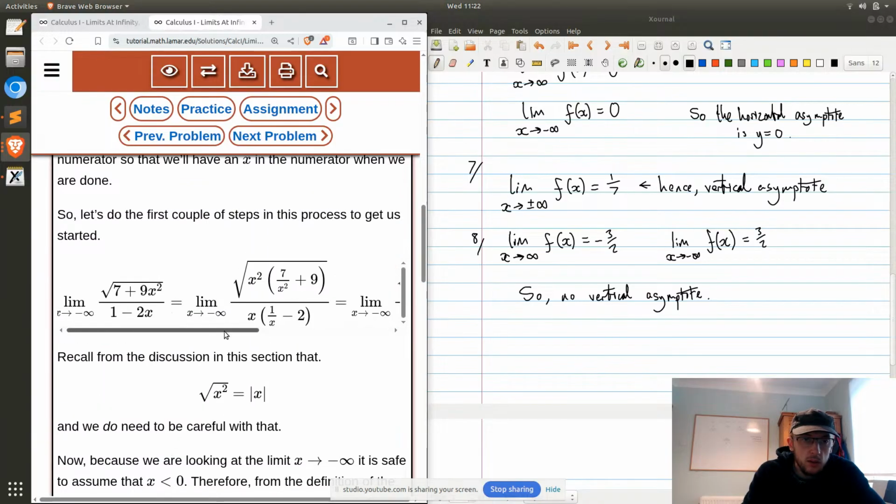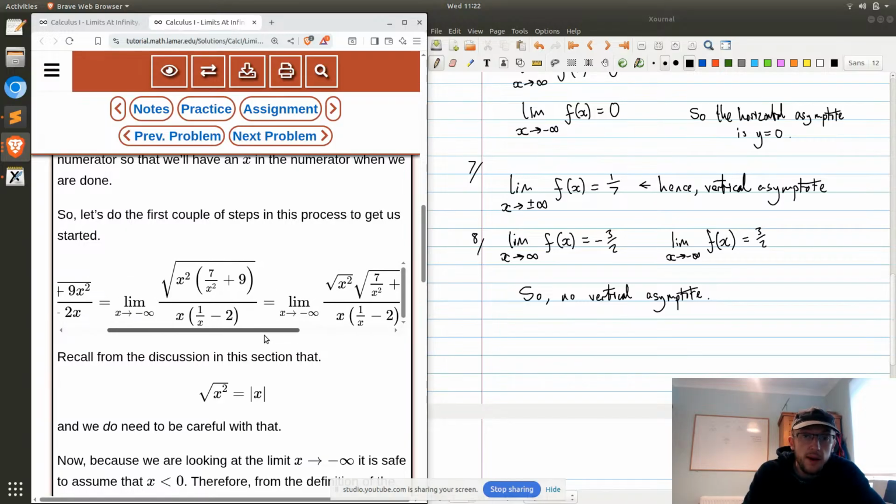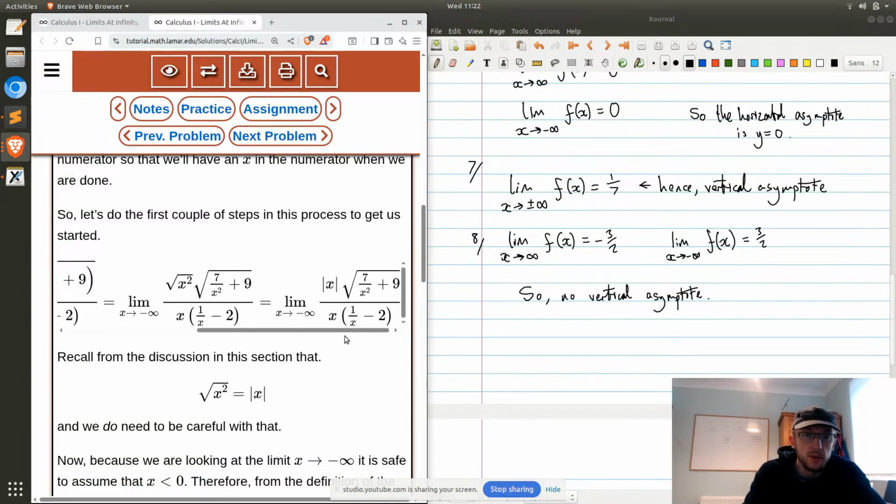So they go through all this business of factoring out x squared, then using their fact that will tend to 0, their quote-unquote fact, which they haven't proven. And then, good, this actually will be the absolute value.